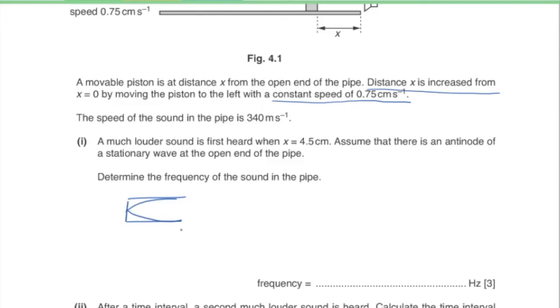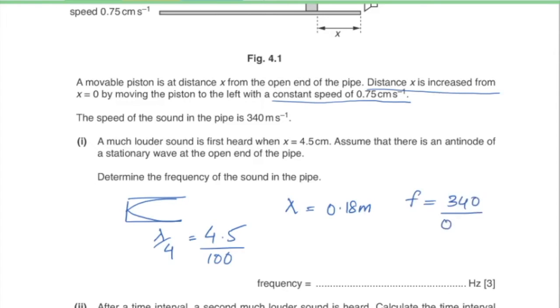So this tube is of length λ/4, which is equal to the length of the pipe, 4.5 centimeters, which we'll convert to meters. And so we can write that the wavelength is 0.18 meters. Now that we have the wavelength and the speed of the sound in the pipe, we can calculate frequency, which is speed divided by wavelength, and that's 1888.8 hertz, the frequency of sound in the pipe.